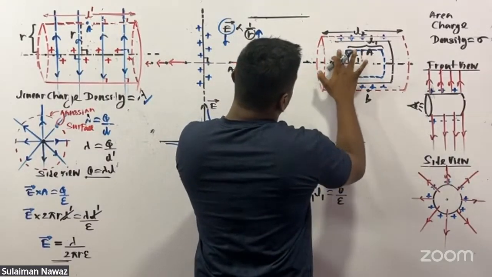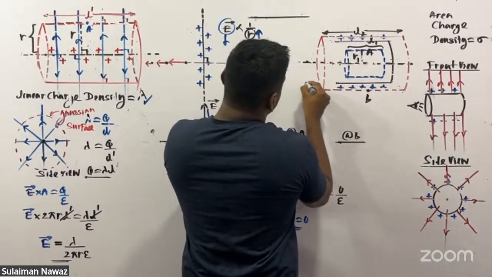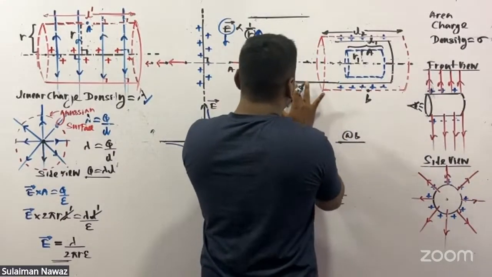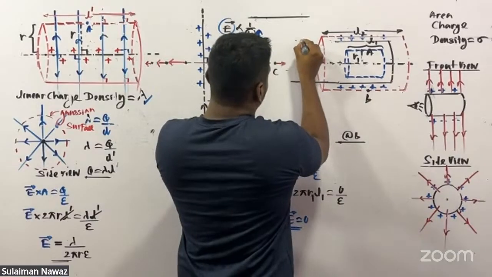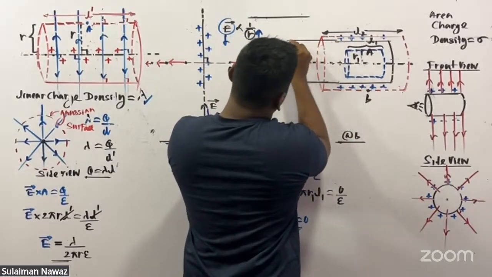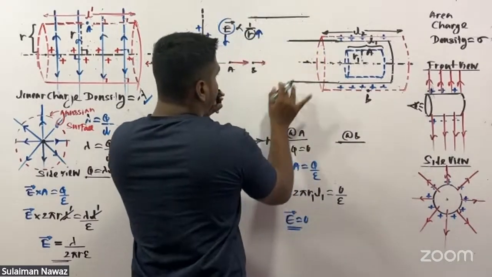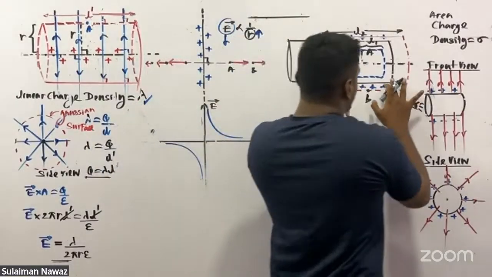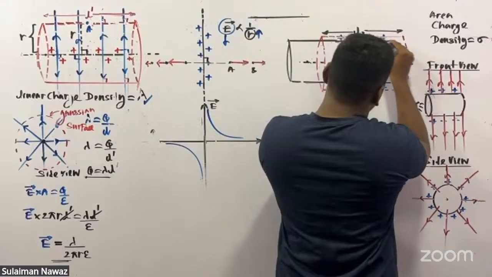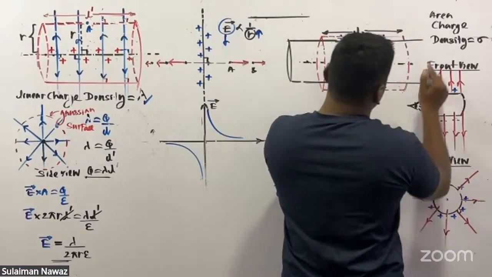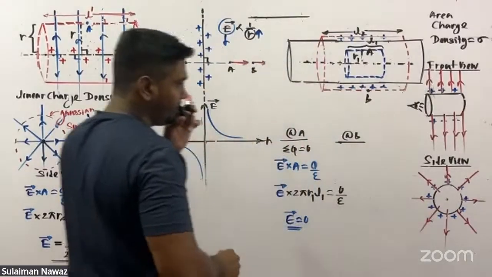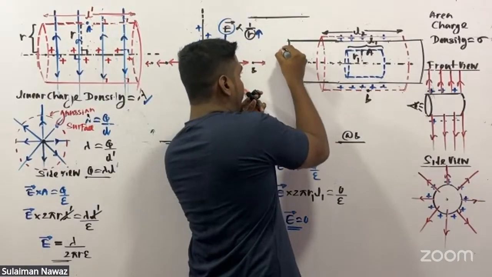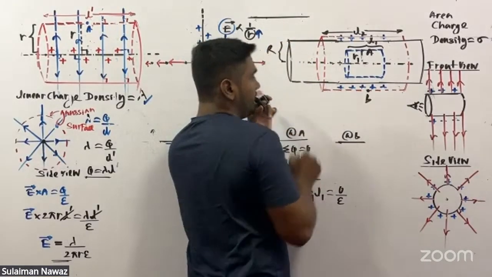Nothing else. This side also, I'm going to increase the length of the cylinder. Then the radius of the cylinder is still capital R.